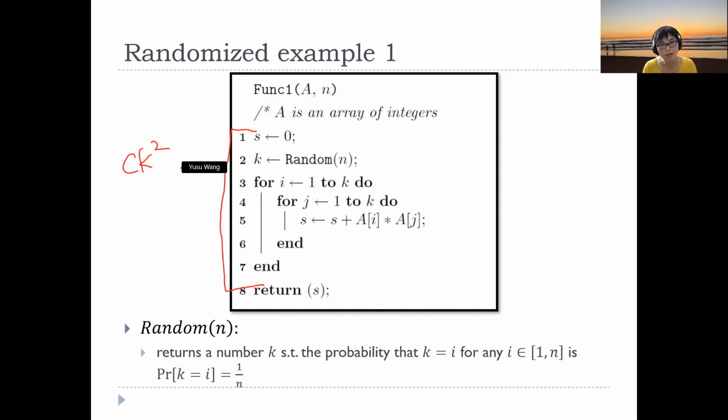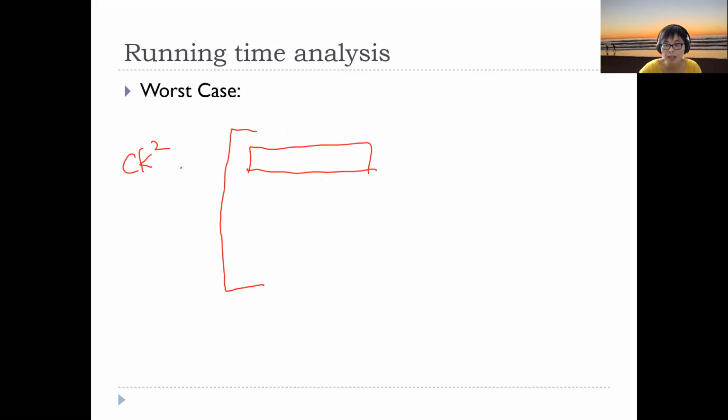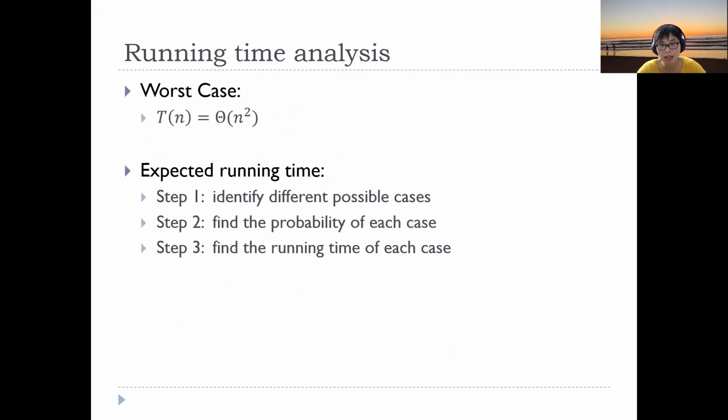What choices do we have? k could be 1, 2, 3 till n as returned here. So there are altogether n possible cases for the running time, and those depend on what k is after line 2.